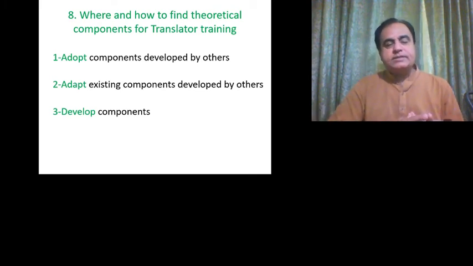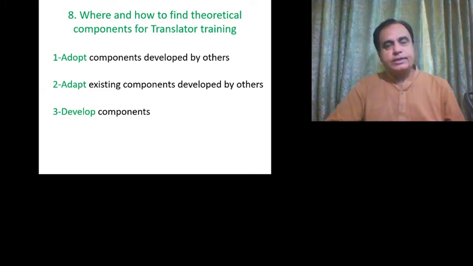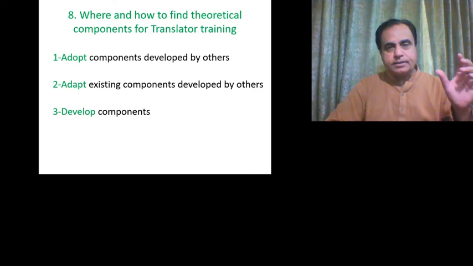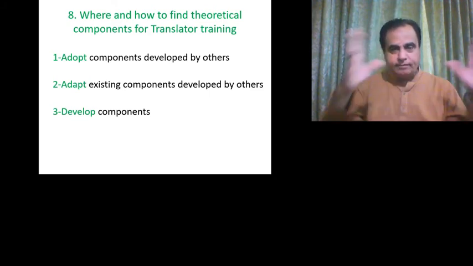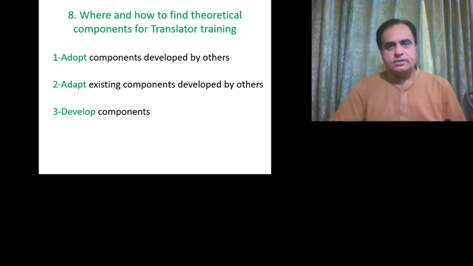And number three is develop, of course, the highest and most prestigious kind of work in translation pedagogy. You develop the components. There are a number of strategies available: you read that particular component in different books, and when you think that you have now grasped whatever is available in the literature, you can start developing.